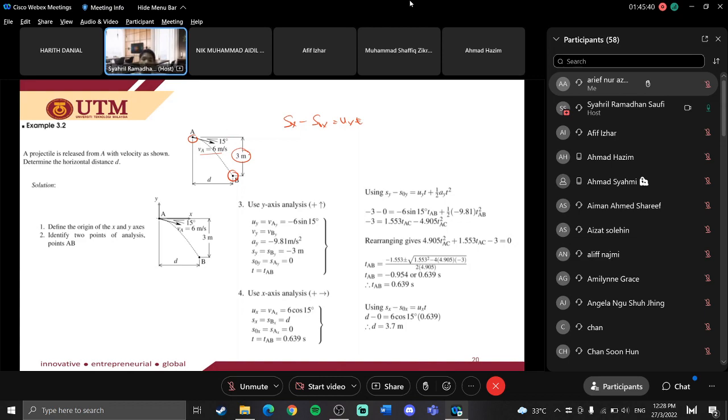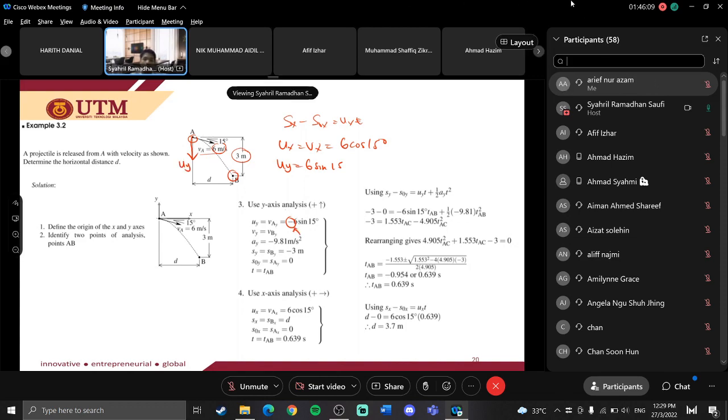So you know ux equals vx equals 6 cos 15, and uy is equal to 6 sine 15. For uy you have a negative. Why? If you resolve this 6 to the y-axis, it is directed downwards, so uy has a negative value.